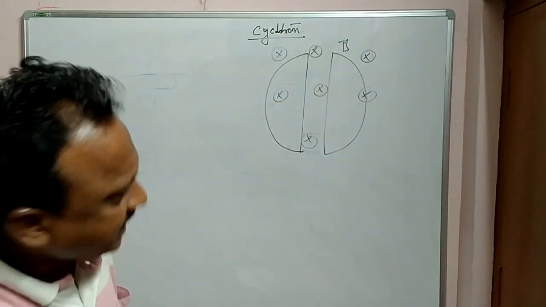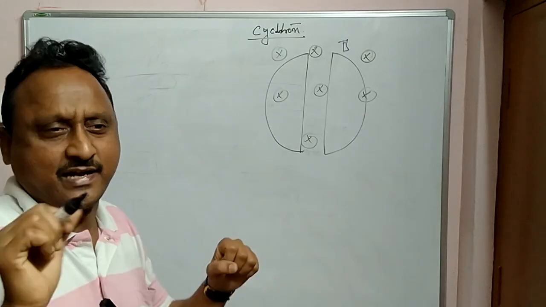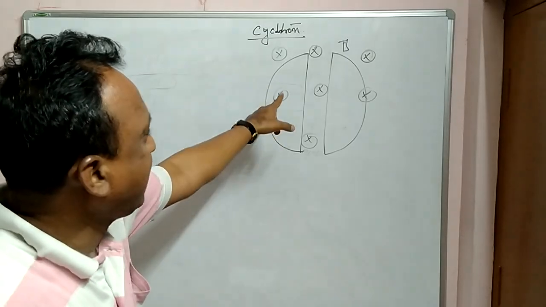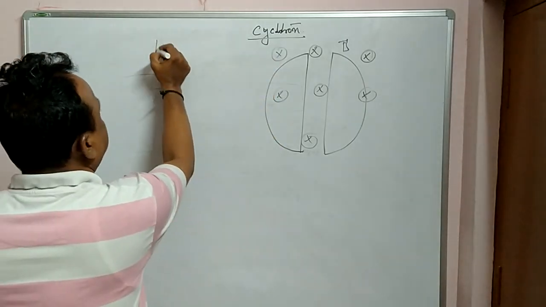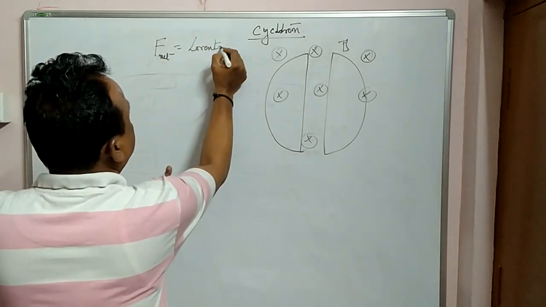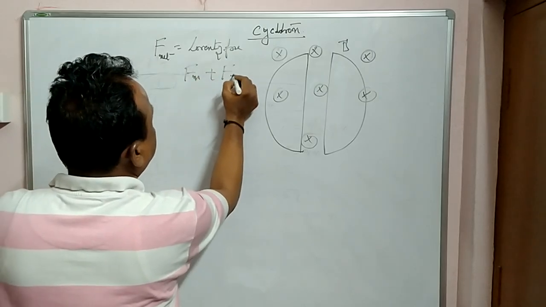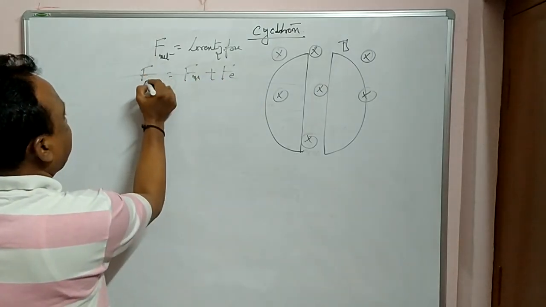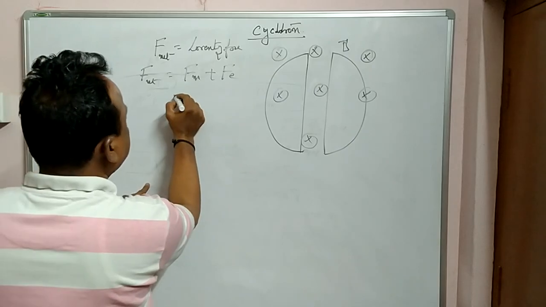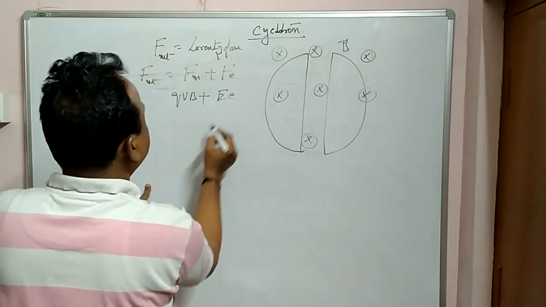So here particles are sent into that field and it is accelerated. When it is accelerated, both fields will be acting at a time. That is F net, the Lorentz force. That is magnetic force and electrical force, both at a time. The magnetic force is qvB and the electrical force is qE.